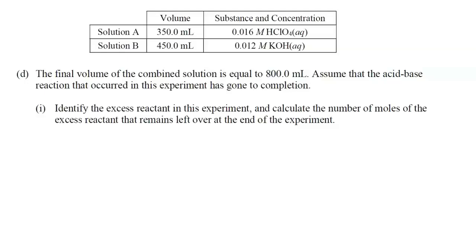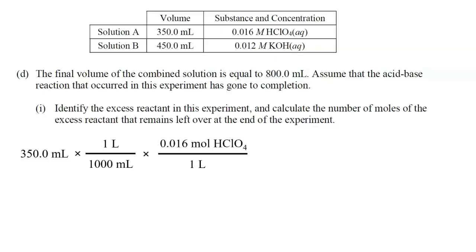So if you're given a volume and a molarity, you can calculate the number of moles of a substance. So 350 milliliters, let's divide by 1,000 to go from milliliters to liters. So times 1 liter over 1,000 milliliters. And then 0.016, that's the number of moles per liter for the strong acid, perchloric acid.